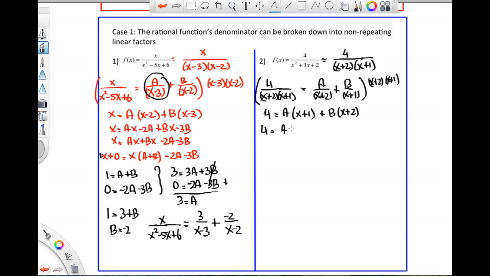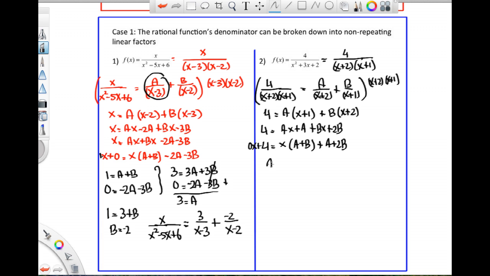So distribute: ax plus a plus bx plus 2b. So 4 is equal to x times a plus b again, and in this case, we get plus a plus 2b. So in this case, we know that we don't have any x's, so I could write that as 0x plus 4.